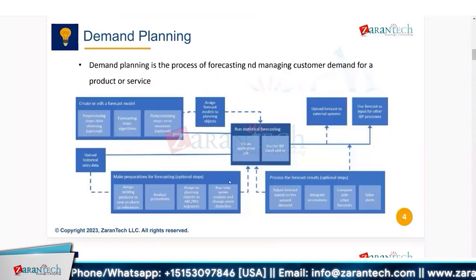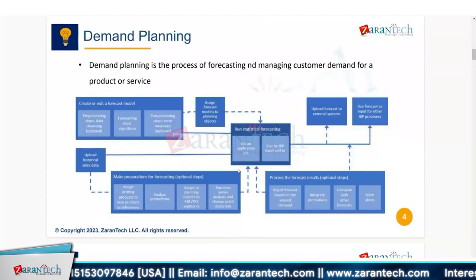We'll see that when we get into the system. These are the definitions for the pre-preparation work. Once the pre-preparation work is done in the system, we have to finalize the forecast model, that is, which forecast model we want to apply so that the system gives us the best results.